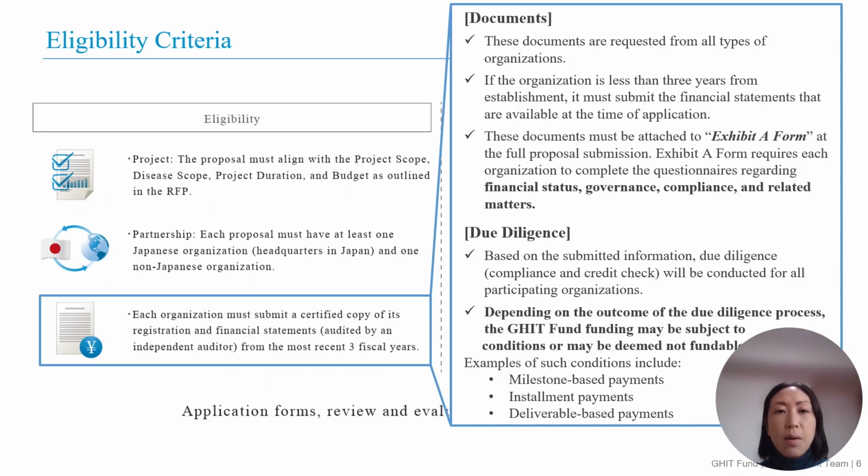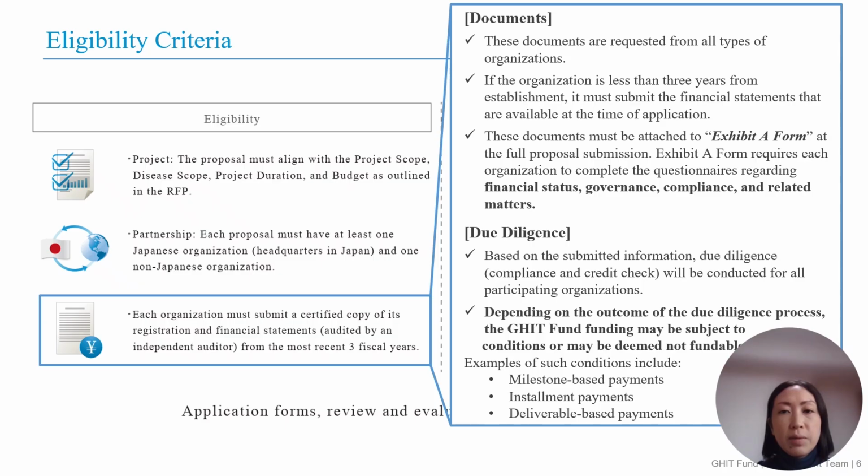Next, let us go over the organizational information documents required for your proposal. All participating organizations must submit key documents, including a certified copy of registration, financial statements for the past 3 years.